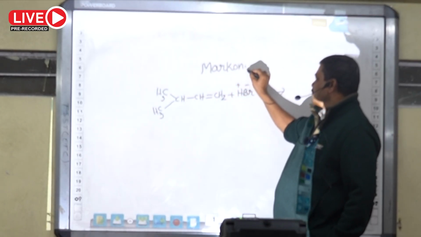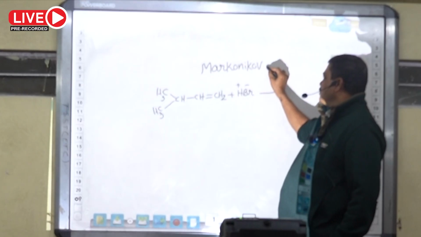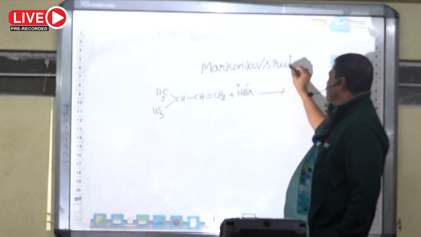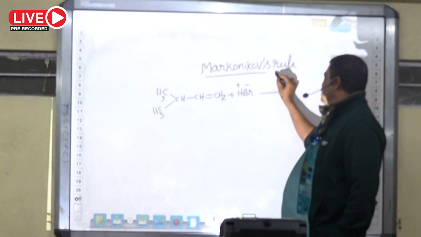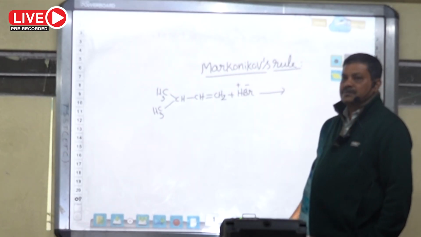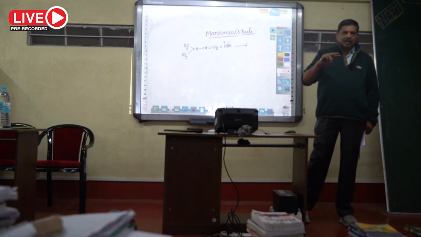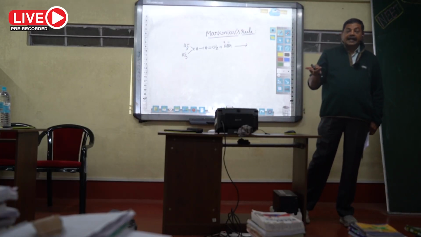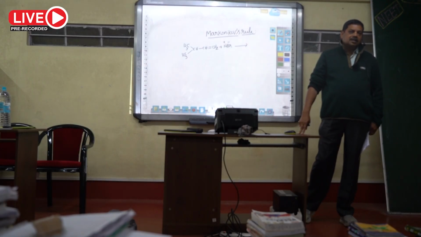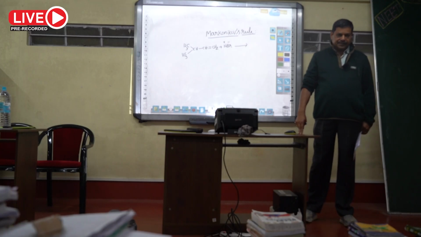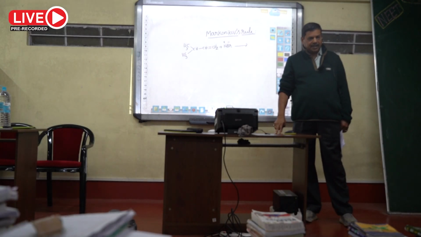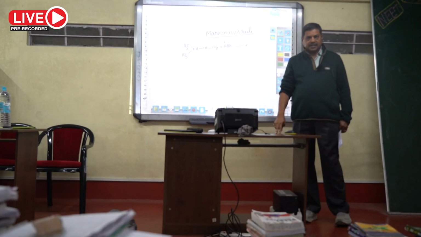Markovnikov's rule. So HBr addition only follows either Markovnikov's rule or anti-Markovnikov's rule. Anti-Markovnikov's rule is also called the peroxide effect or Kharasch effect.